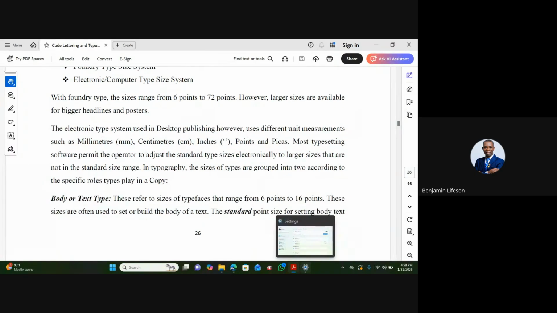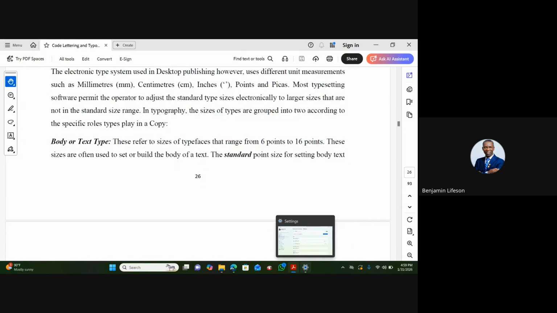So in the electronic one, that is the computer one, we can increase our size, especially when we are doing a billboard and we want the letters to be very, very big. Because if you are doing a billboard, you need a very large font size. So that one, we can use the computer to do it, but the foundry one ends at 72. All right, so that is that.